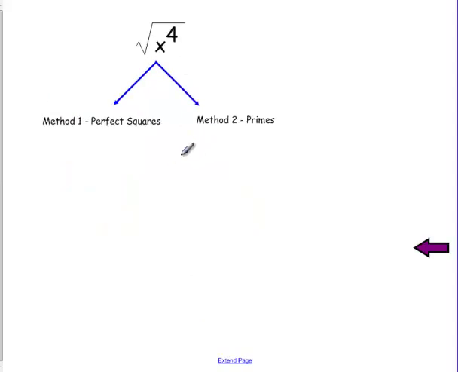All right, perfect square. Wait a second, where did all the numbers go? Well, x squared, square root means 2. So x to the 4th. I got to think of 2 things that multiply together to get me x to the 4th.